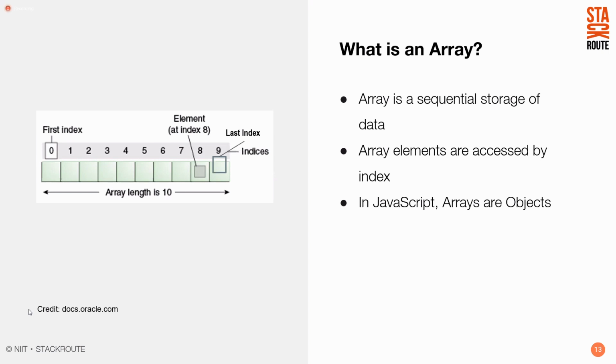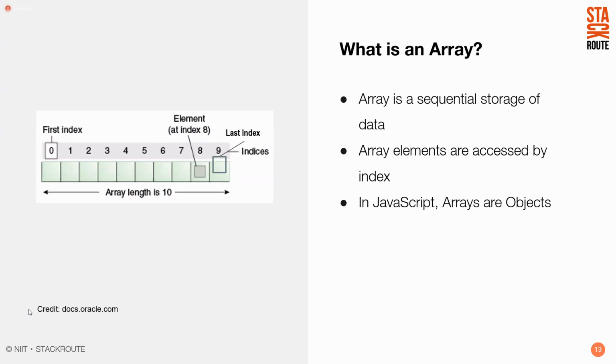All of us know, in order to handle a large amount of data of the same data type, we will be using arrays. An array is sequential, one-after-another storage of data, and we always represent an array in the form of an index. Even though we call it an array, in JavaScript, and in Java also, an array is considered an object type.